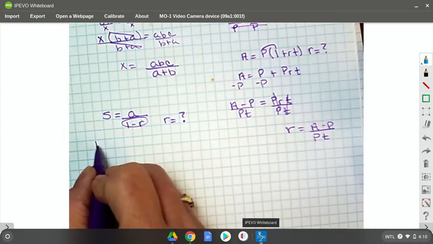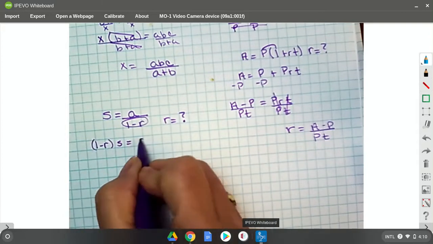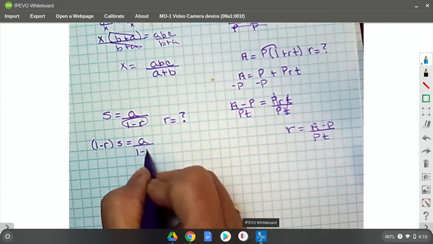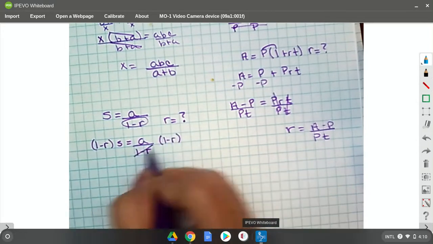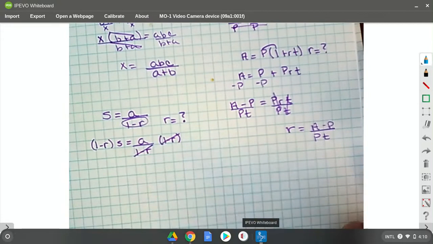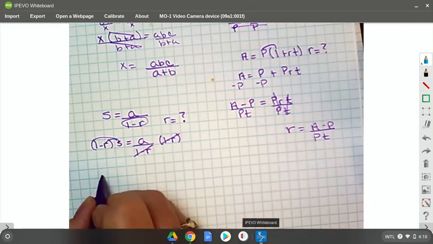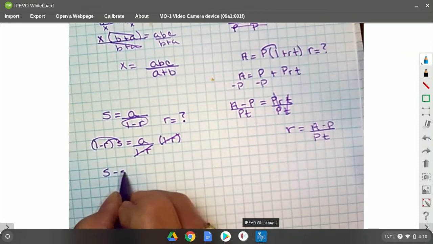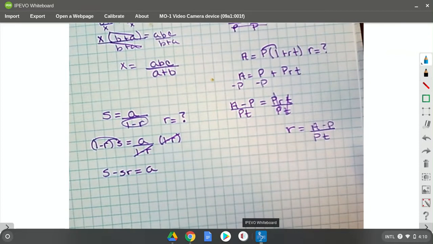So I'm going to say 1 minus R times S equals A over 1 minus R times 1 minus R. And that gets that gone out of the denominator. And I'm going to distribute that S. So I'm going to have S minus SR equals A.